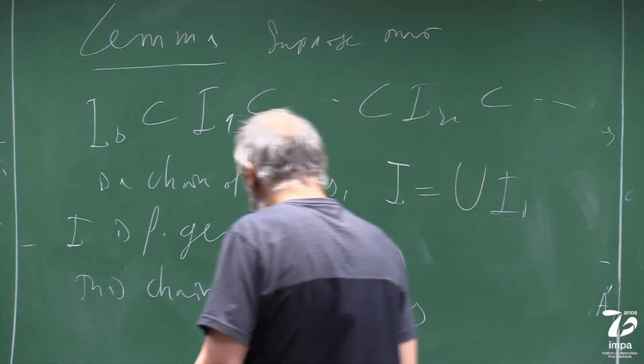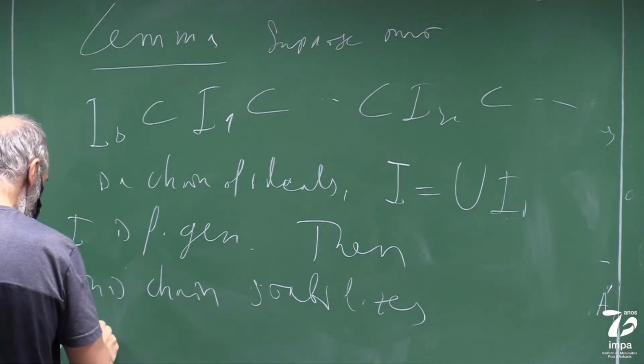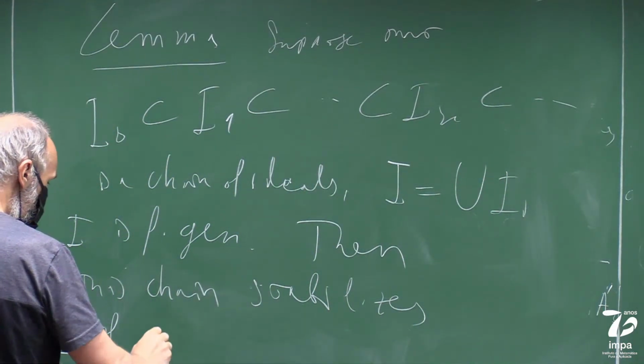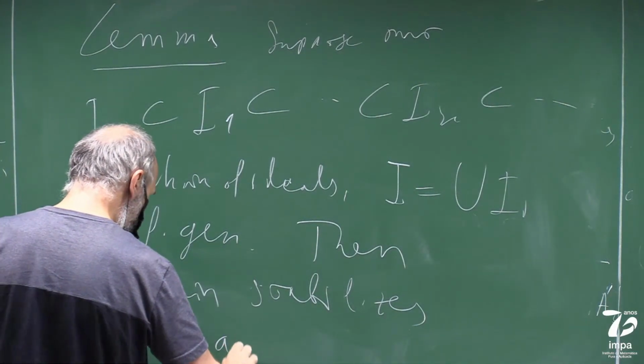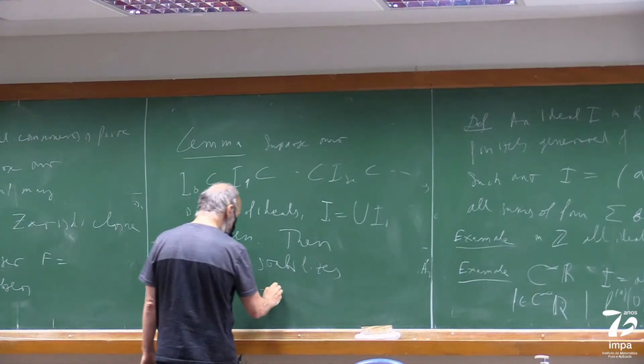And the proof is quite obvious. So you have a_1, ..., a_n as the generators.